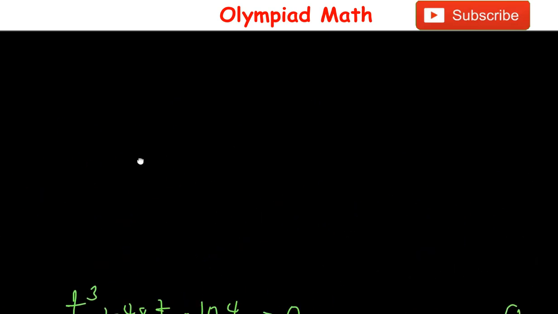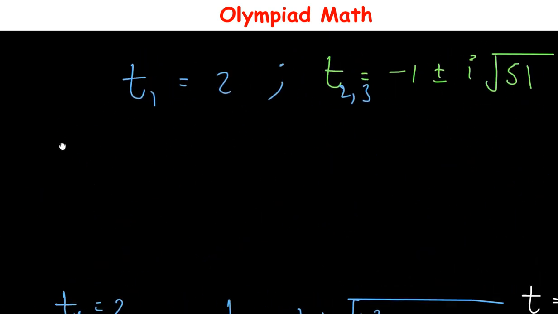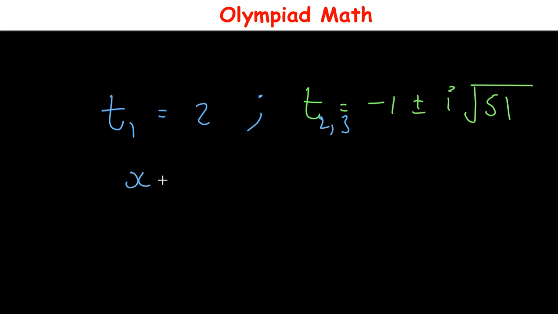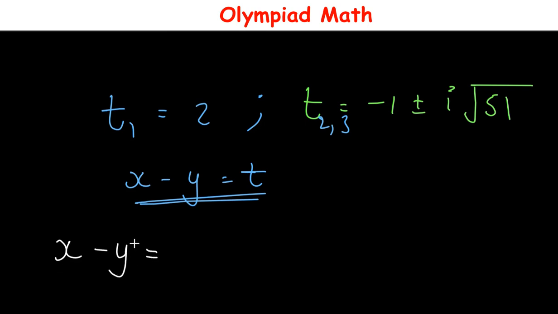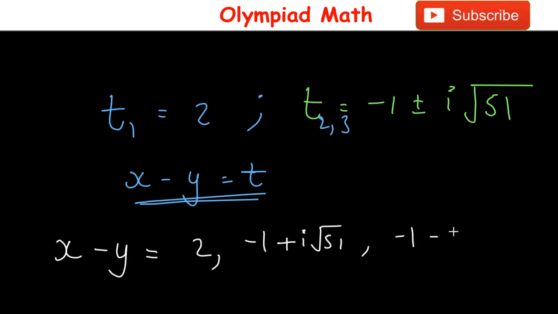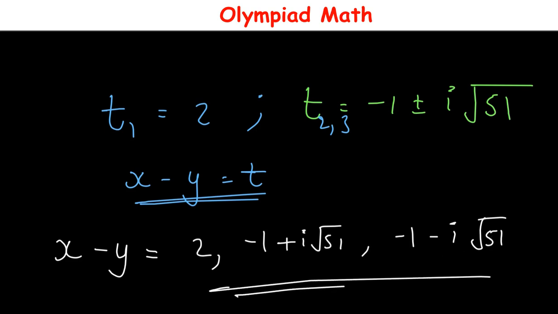So the final answer for the value of x minus y is equal to t: t1 is 2, t2 is minus 1 plus i times square root of 51, and t3 is minus 1 minus i times square root of 51. So these are the solutions for the value of x minus y.